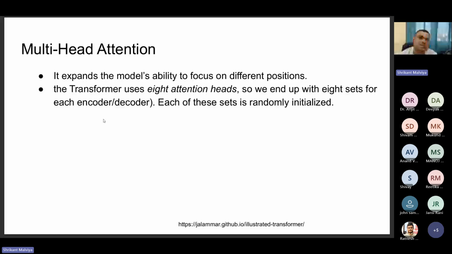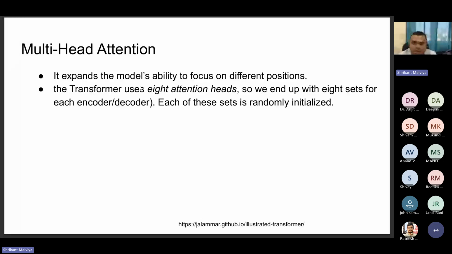And this is multi-head because we are applying the query vector through multiple divisions. We don't apply only one query vector; we divide the size of the query vector into a much smaller size. Why is it so useful? It expands the model's ability to focus on different positions or different perspectives.